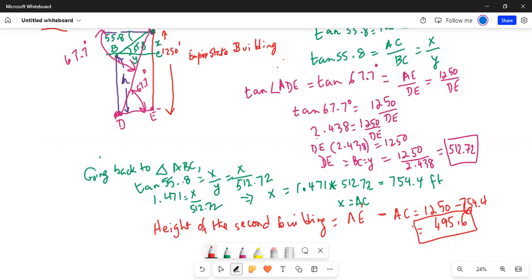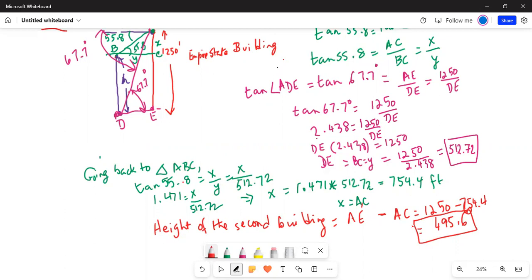Because the two horizontal lines are parallel, that 55.8 is also angle ABC. And then the angle of depression from the top of Empire State Building to the bottom of the second building is 67.7, because when DE and the line of sight are horizontal, they're parallel. Therefore, angle ADE is also 67.7.